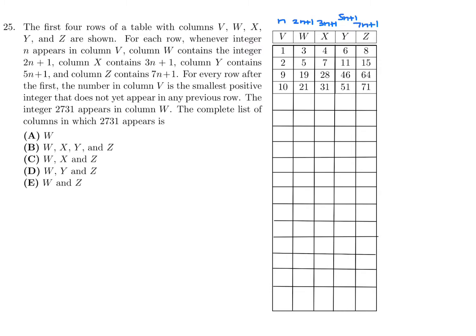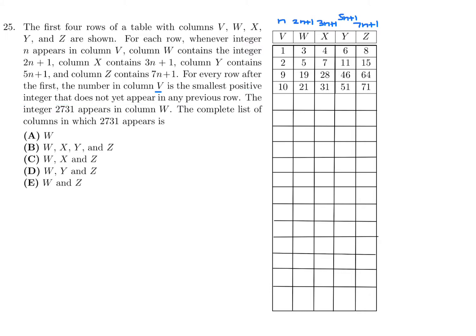So based on that, let's figure out a few more lines, not too many, just about 3 or 4 more lines. Now, the key thing is here. What do I put there? As they explained, every row after the first, the number in column V is the smallest positive integer that does not appear yet in any previous row.